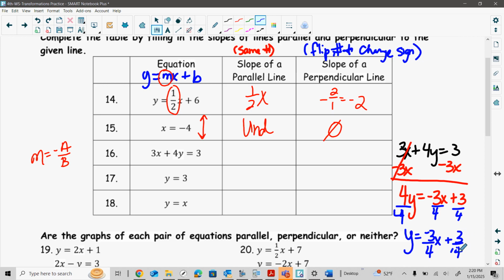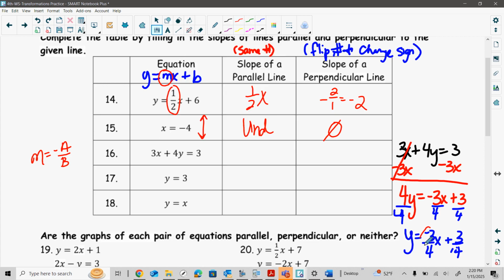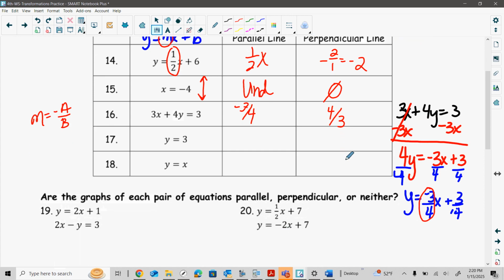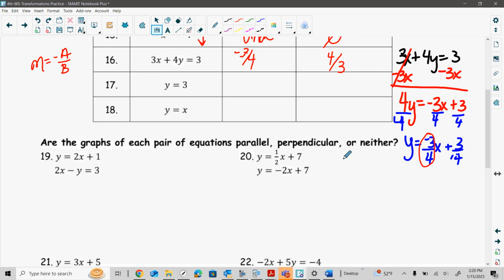And now I can see my slope is negative 3/4. And the perpendicular is flipping it and changing the sign. That'll be 4/3.